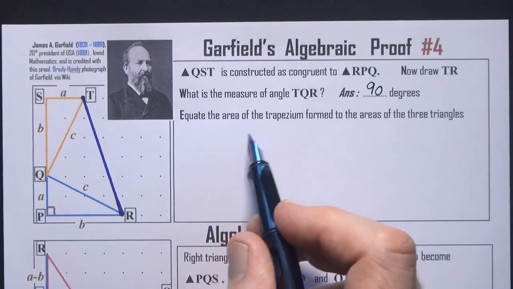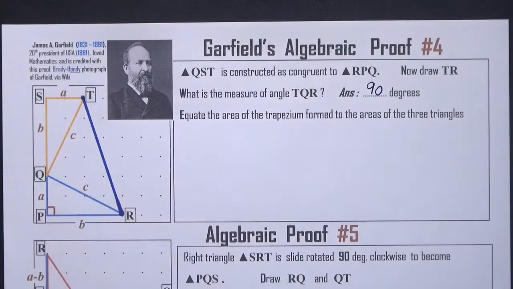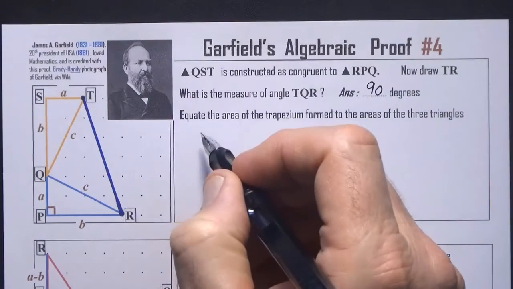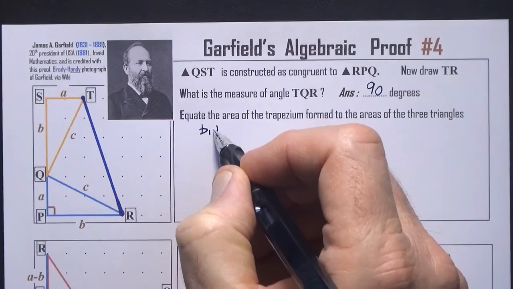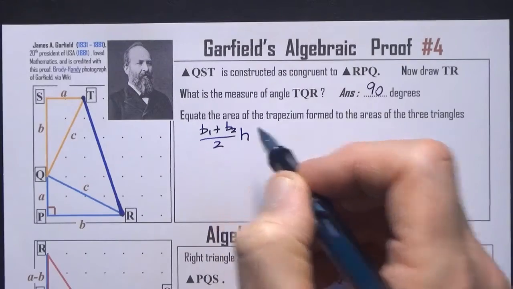We equate the area of the trapezium formed to the areas of the 3 triangles. If you recall the formula for a trapezium, it is base 1 plus base 2 over 2 times the height.